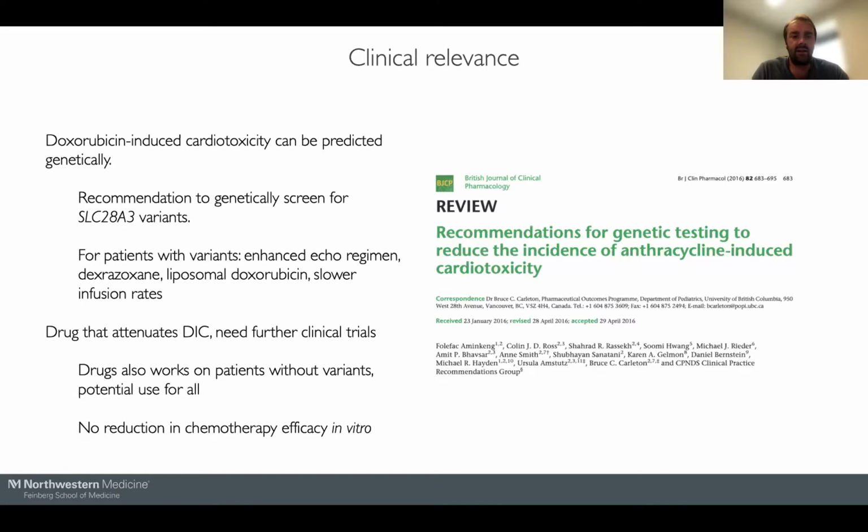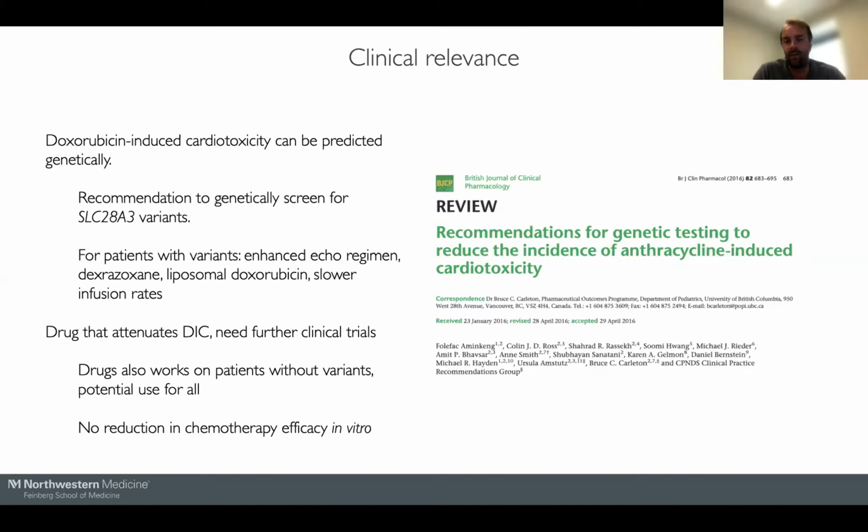In this case, what do you do if the patient has a variant? Right now, clinically, I think if patients were screened for that, it would be the kind of standard cautious approach to doxorubicin therapy, such as enhanced echo and other methodologies. But yes, we are right on the point now where we're really interested in this drug.